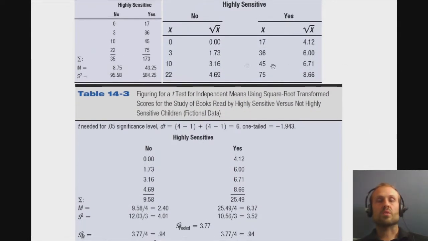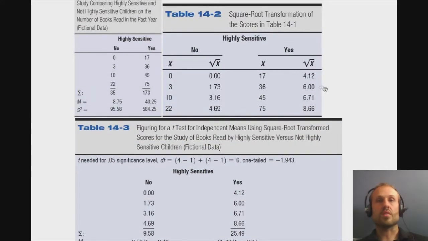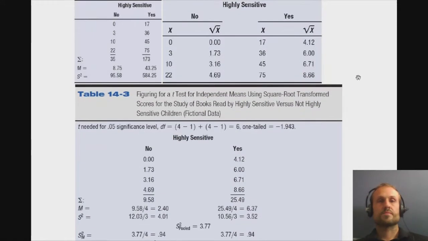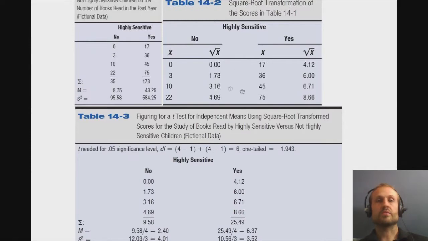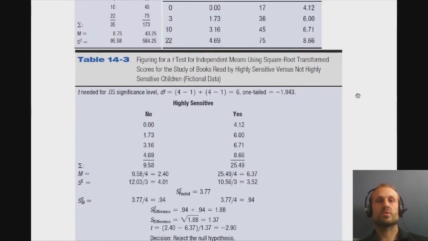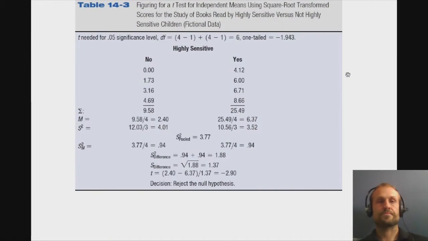And I can now conduct a t-test for independent means using not the original format of the data, but the square root transformed format.